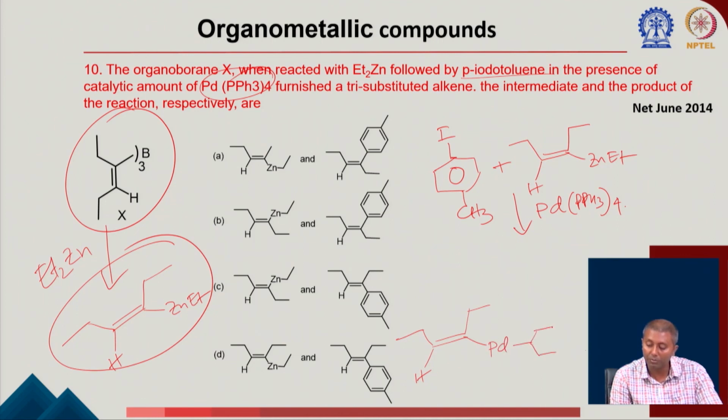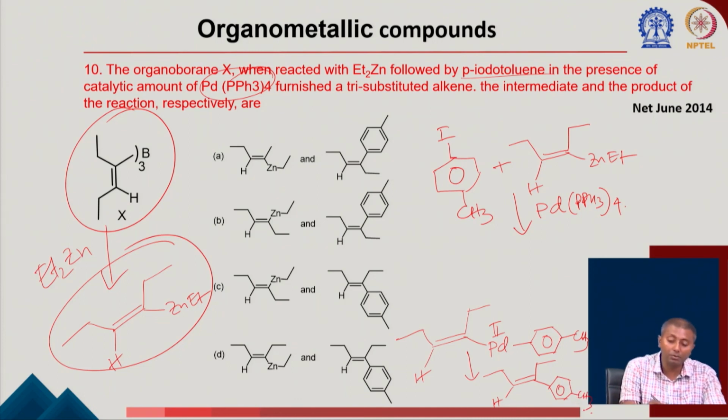So this palladium 2 species is going to form, and from there it will have a reductive elimination. So that can end up generating this product. So your first compound is this one and your second is this one. Let's look into all the options here.